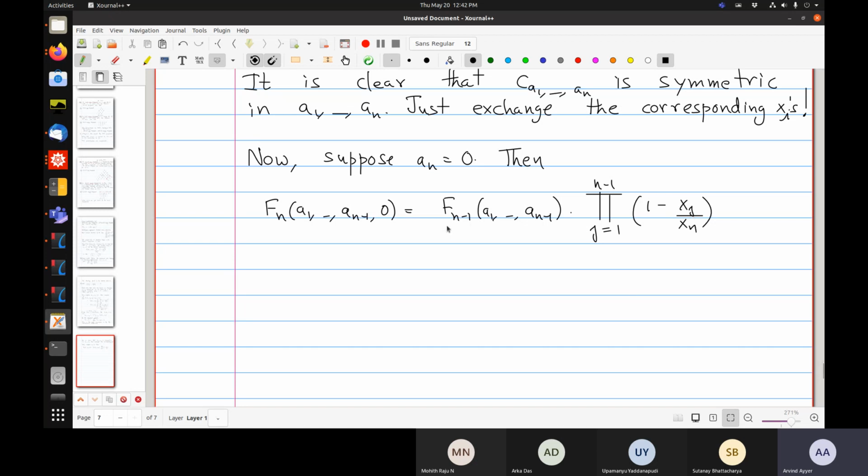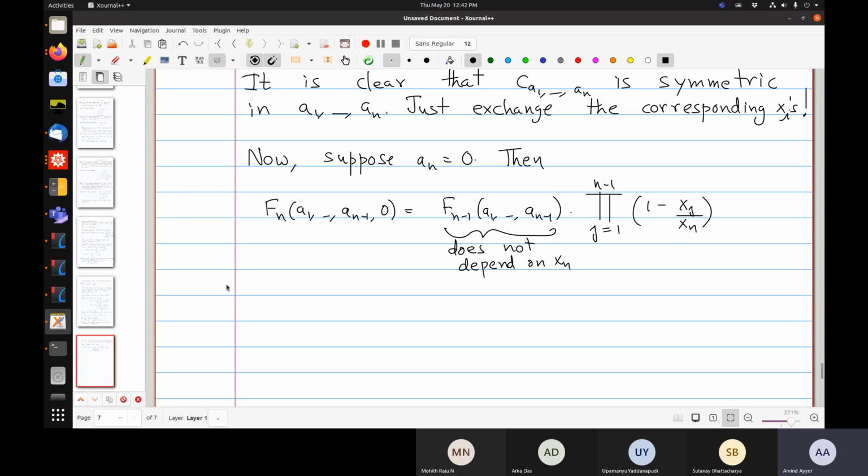But now I want the constant term, right? But this fellow does not depend on xn. It's a polynomial in x1 through xn minus 1. That's what this index is saying.